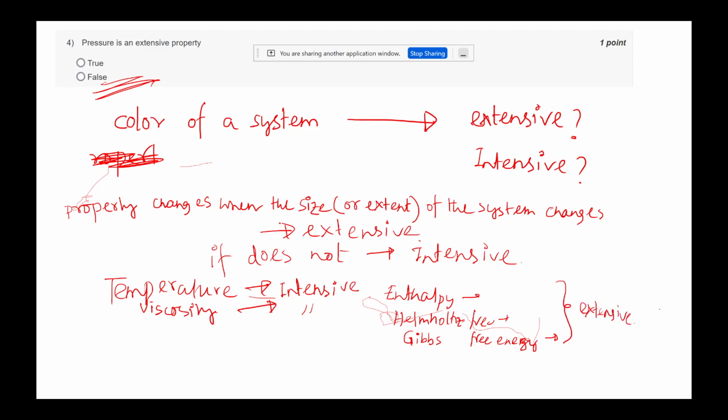One interesting thing: specific gravity, specific density, specific heat, they are all intensive, because they don't depend on the extent of the system. That will be mass by volume, volume by mass, or heat capacity per volume, something like that, right? So these things will all be intensive. Is there any property? I didn't hear you properly.